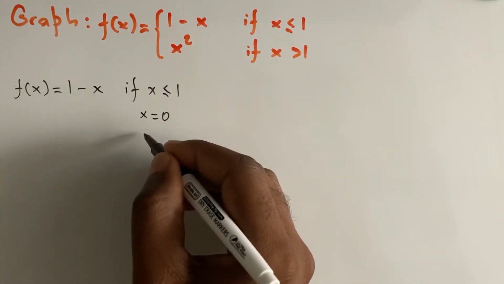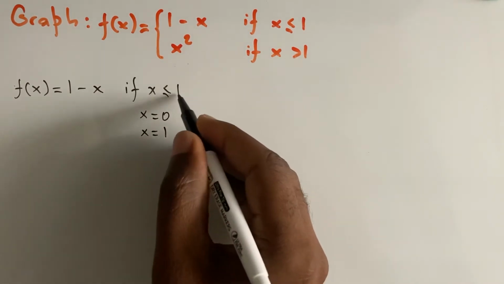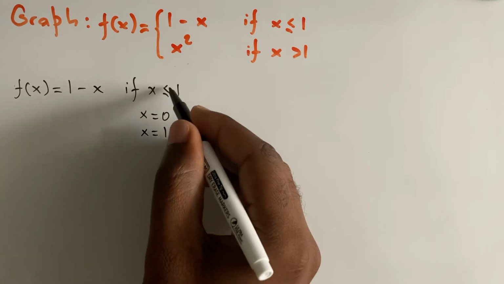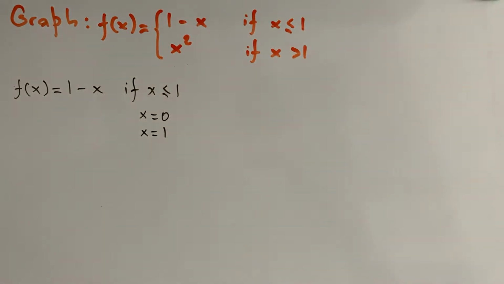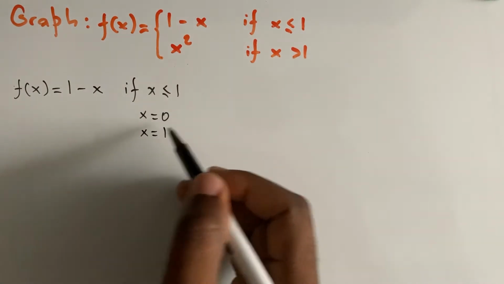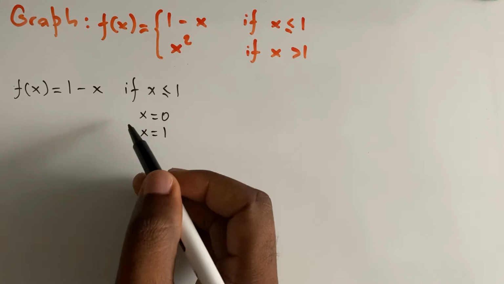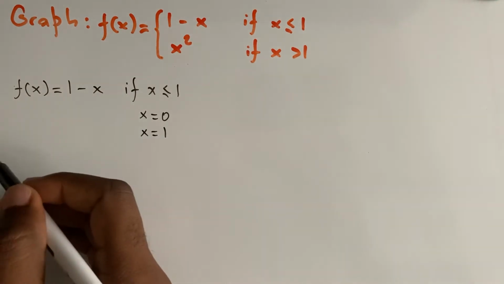X can also be 1, okay? Because it's x less than or equal, okay? So as long as you take something that equals 1 or less than 1, you're fine. So with these two values, all you got to do is just find values of y, all right?